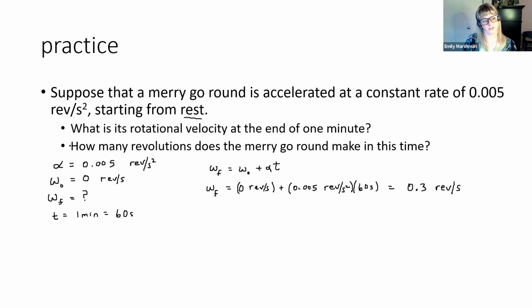The second question is asking how many revolutions does the merry-go-round make in this time? So we're looking for how many revolutions. It's asking for the rotational distance that this thing spins through after 1 minute. So now we're looking for the rotational distance theta.